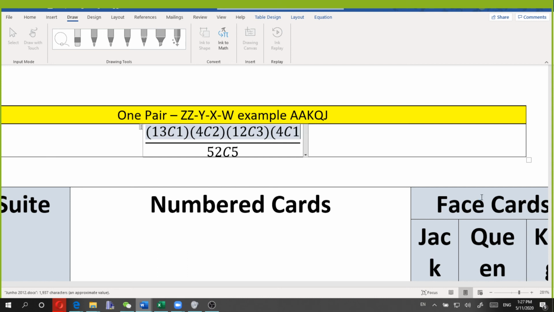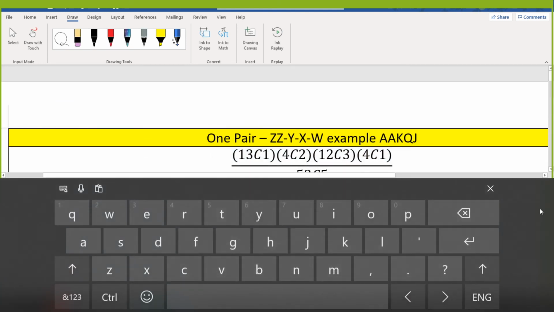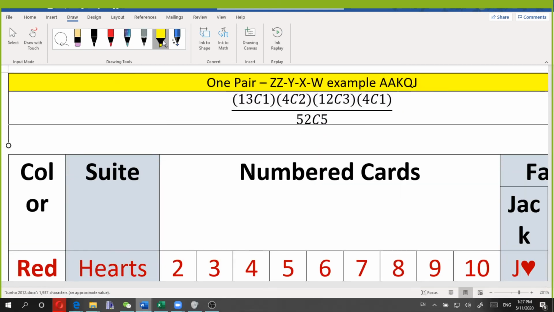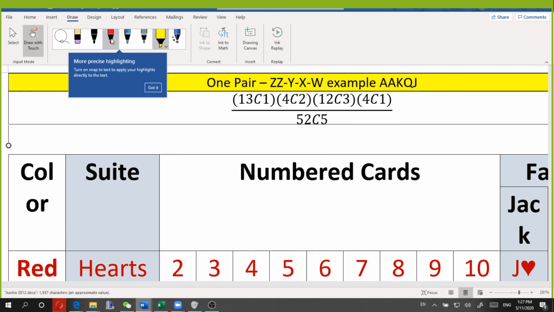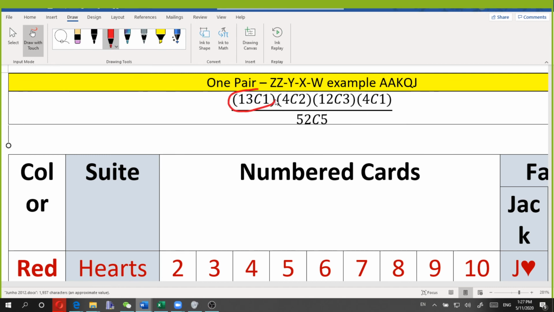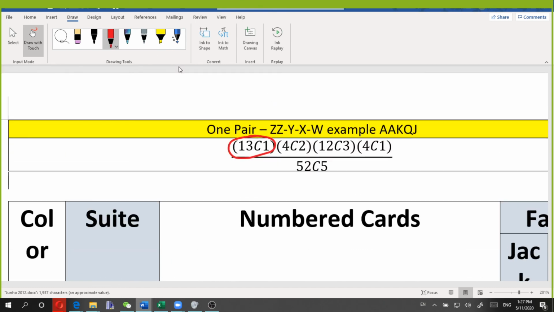Okay, so let me see if I can write over this, and we'll explain what we just did. First we looked at values. Then we looked at how many cards of that value that we wanted.